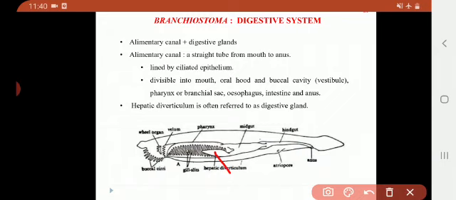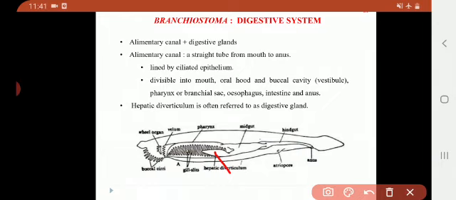That is the only main digestive gland present in Branchiostoma, and it is located at the junction between the esophagus and the midgut. It is usually positioned ventral to the alimentary canal.